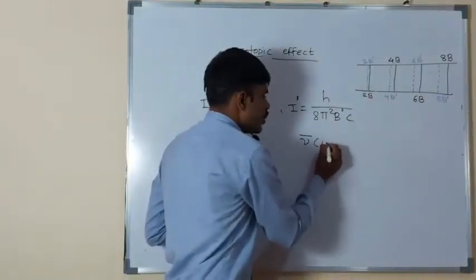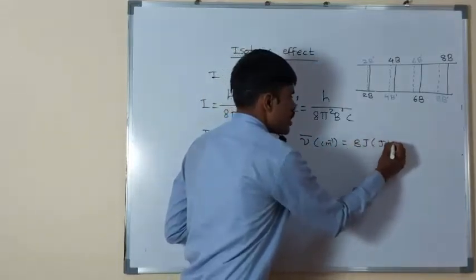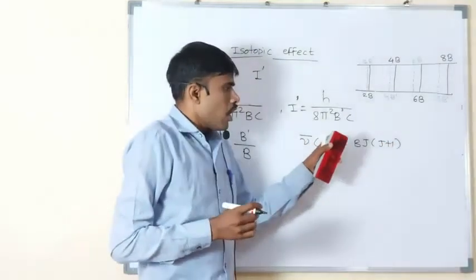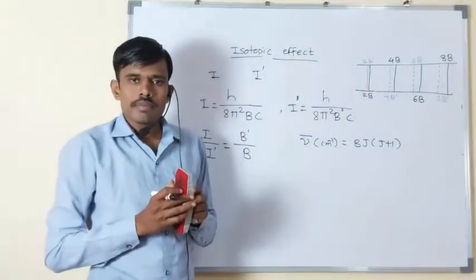The frequency of spectral line in centimeter inverse is equal to B(J+1). So the frequency of spectral line and B are proportional to each other.